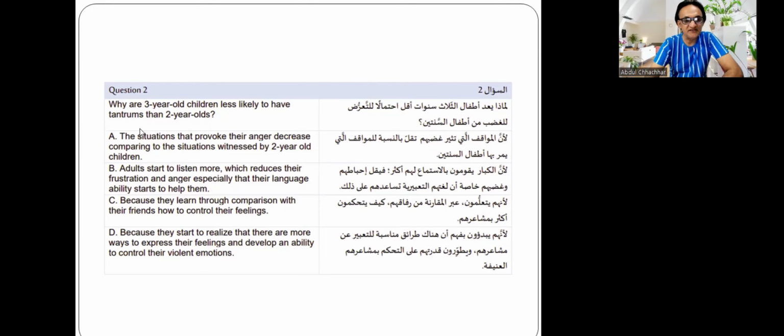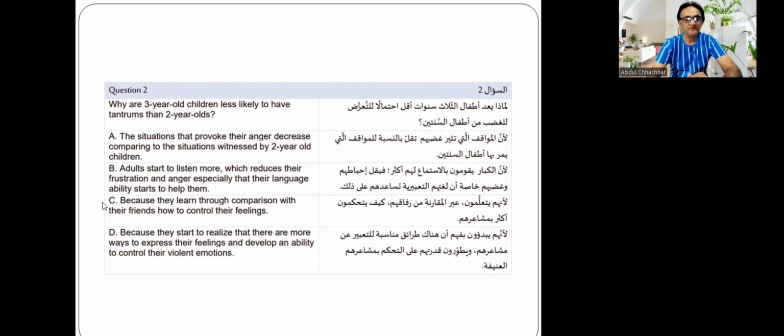Option A: the situation that provokes their anger decreases compared to the situation witnessed by 2 years old children. So it's not talking about the situation. That's irrelevant. Remove it. Option B: adults start to listen more, which reduces their frustration and anger. We are not talking about the adult. The 3-year-old is also an early child.